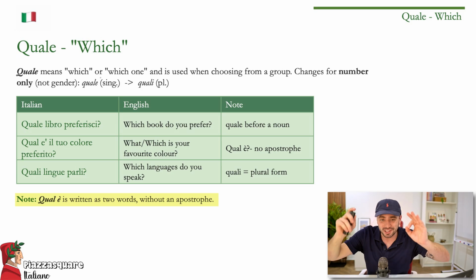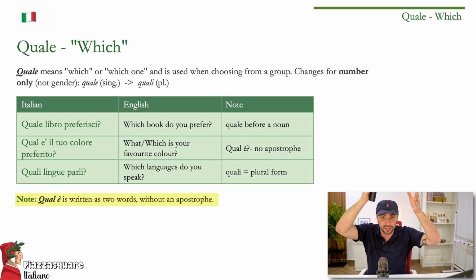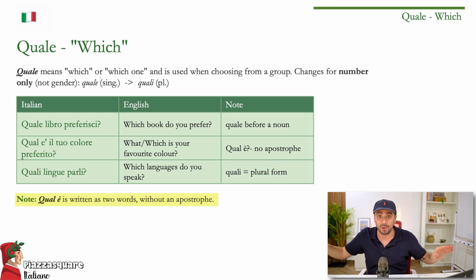Important. Qual è is written as two words without an apostrophe. Again, qual è is written qual and then è without apostrophe.